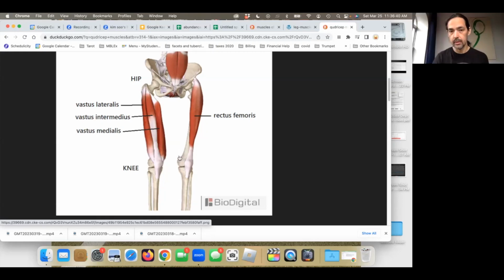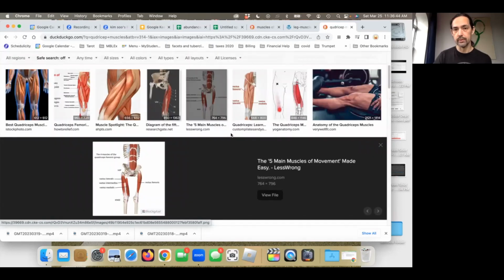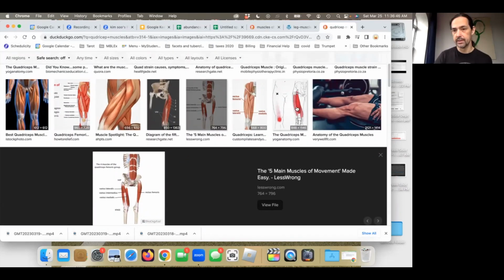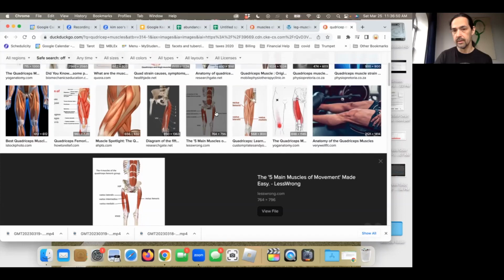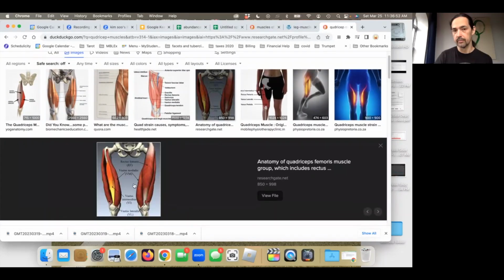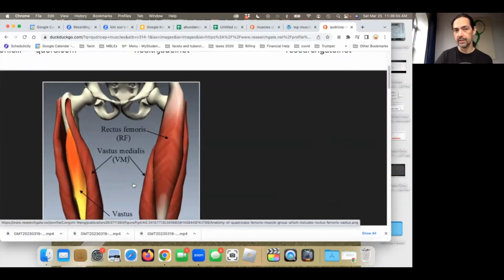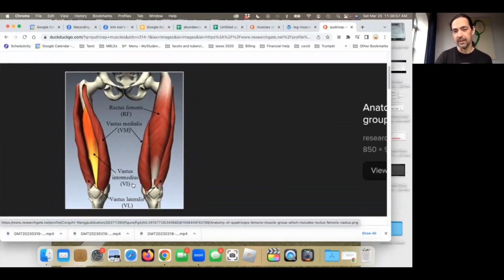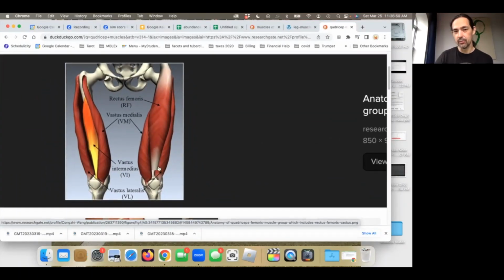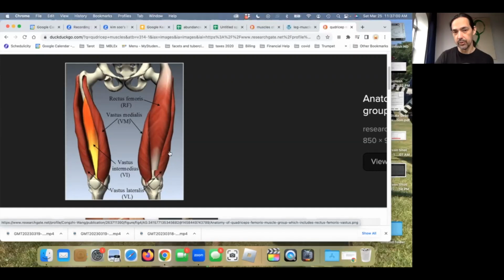Okay. Let's look at one more rendering of the vastus intermedius, and then we'll move on. Wow, this looks like an alien. It's kind of cool. Okay, so you have the rectus femoris. What's on the outside? What's on the lateral portion?